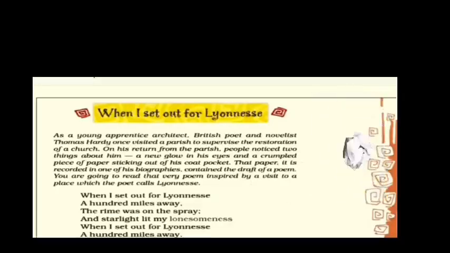So that crumpled paper referred to here was the draft of a poem. We are going to read that very poem inspired by a visit to a place which the poet calls Lyonesse. Lyonesse is an imaginary place, or even if it existed in yesteryear, it does not exist now. So I believe you all are ready.